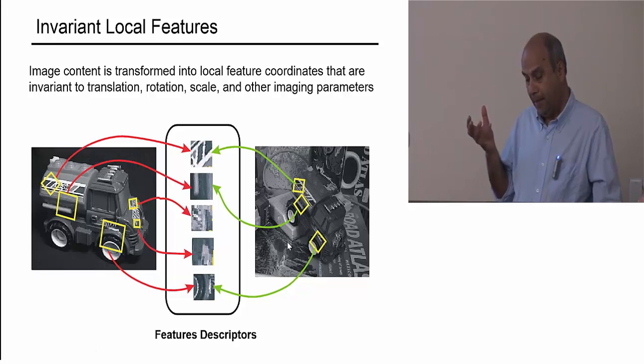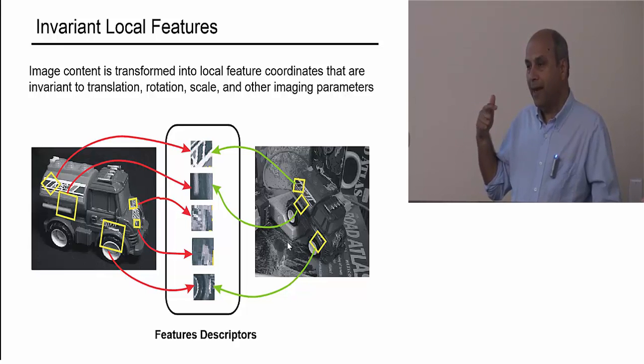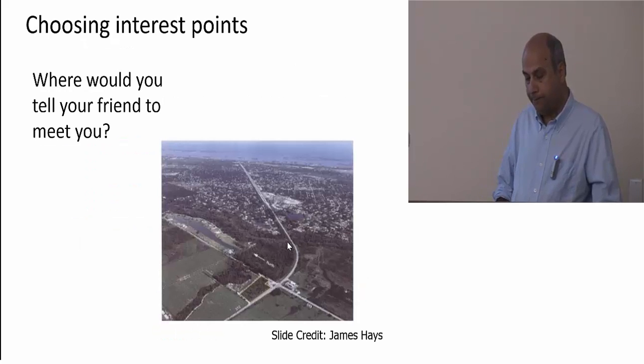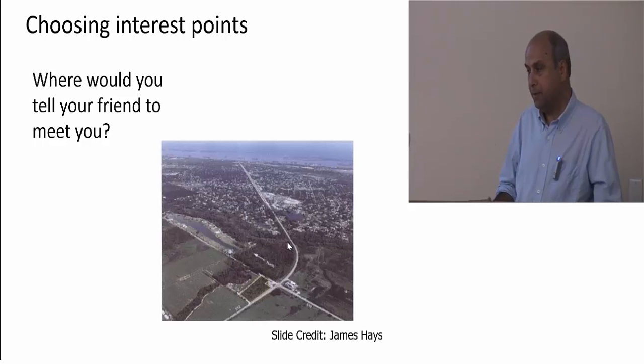Even though they look very different, we should be able to say it's the same point, and that's the whole idea of finding these interest points and coming up with a good descriptor, which will help us do that. Okay, so again, this is another nice slide from James Hays. Look at this image, and where would you tell your friend to meet you?